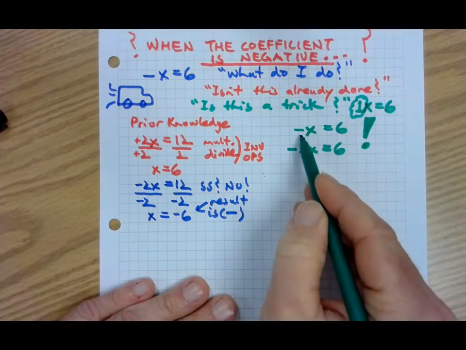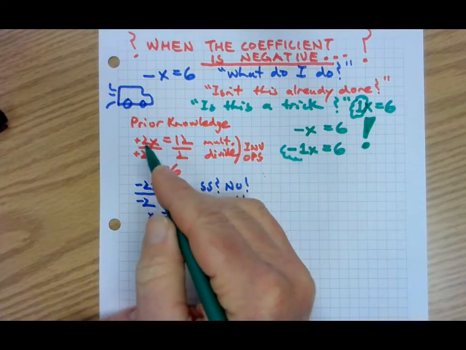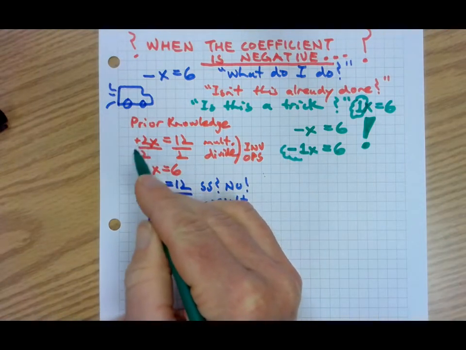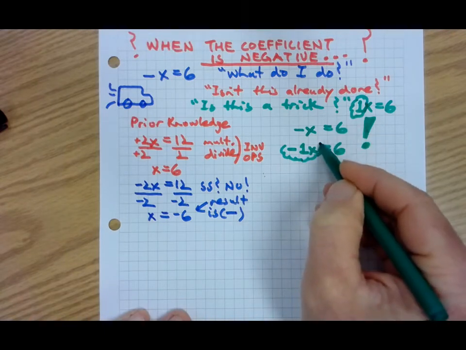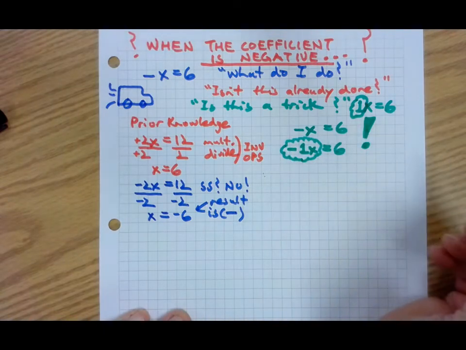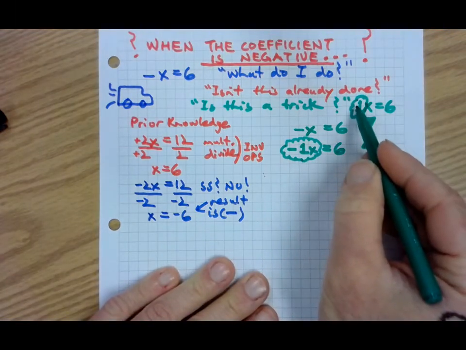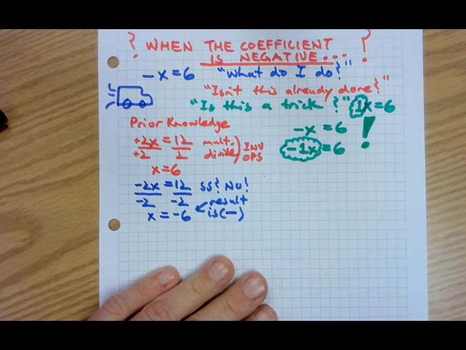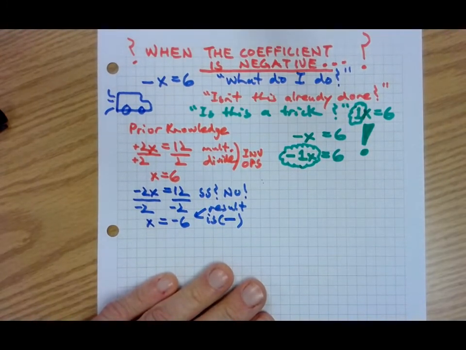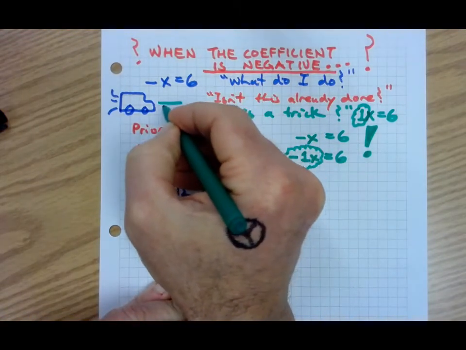This one also has an invisible coefficient, but just like over here, the sign was negative up here, but now we can see it. That should not confuse us once we understand we're seeing positive signs. This 6 has a positive sign next to it. Do you see it? Of course not. It's invisible. And the bus is going that way.